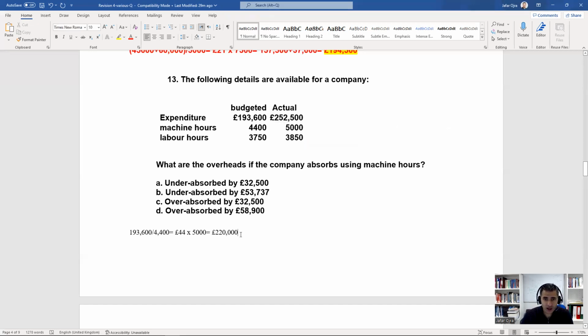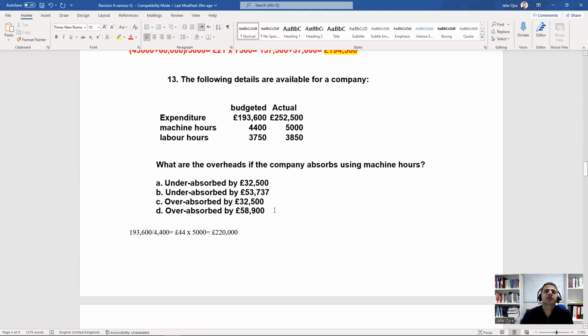This means we are up by how much? 252,500 minus 220,000 is 32,500. So the answer would be A or C, because it's 32,500 pounds.